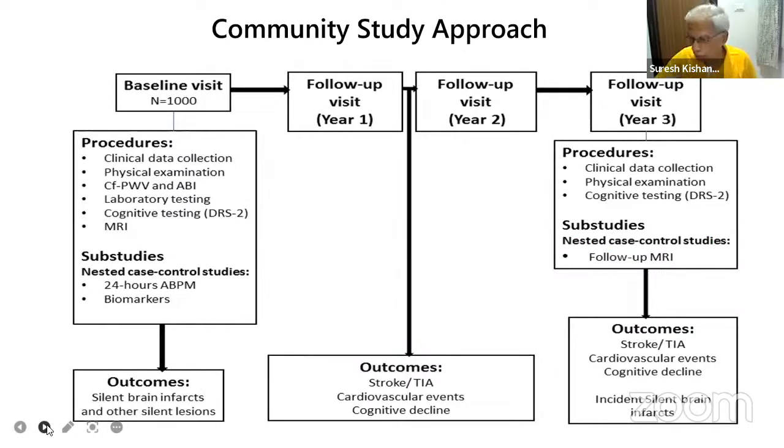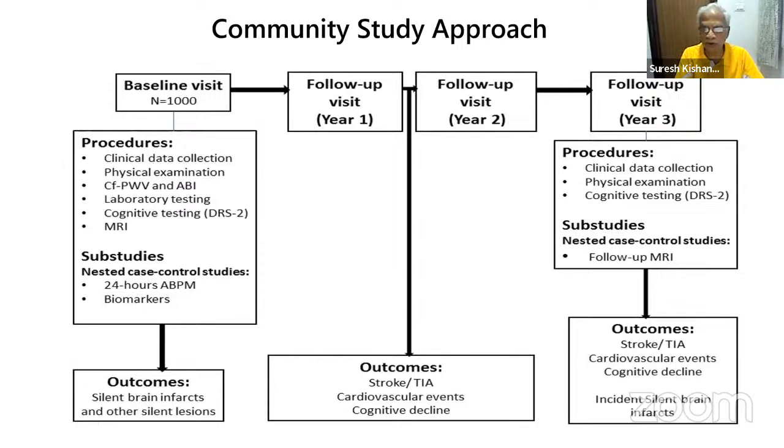Now, the community approach nowadays, what we are trying to do is to study any such thing. A minimum of 1,000 people are followed, basically looking at the clinical data, physical examination, laboratory testing, MRIs, and cognitive testing over a period of 3 years. What we have seen is, the first outcome is basically silent brain infarct and other silent lesions in the first year.